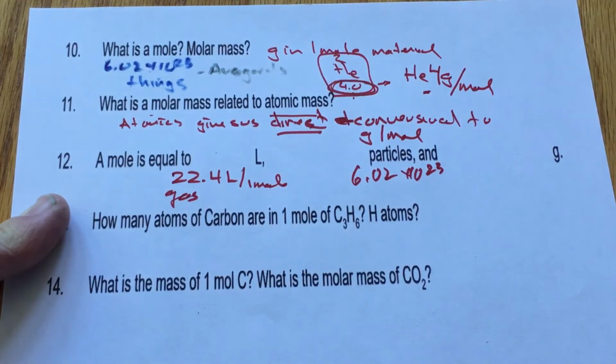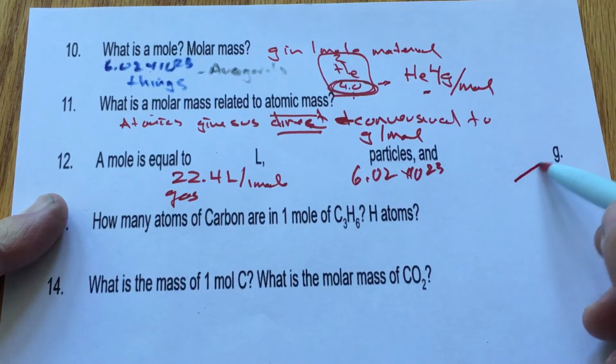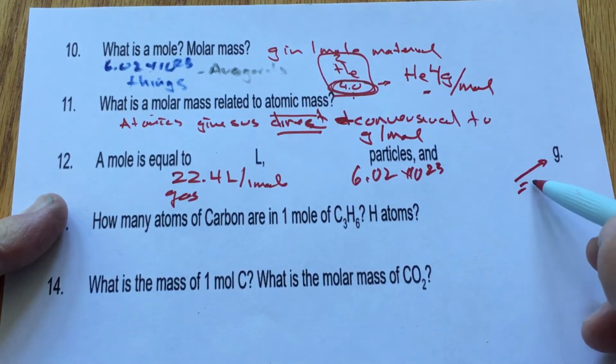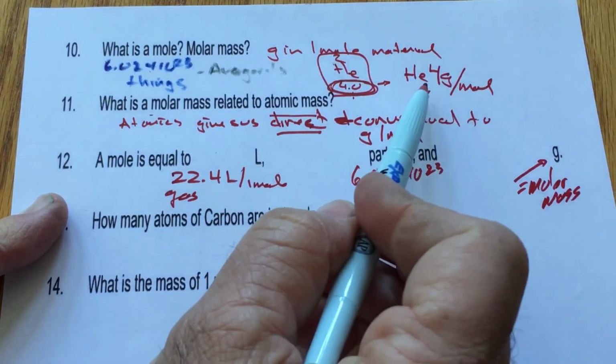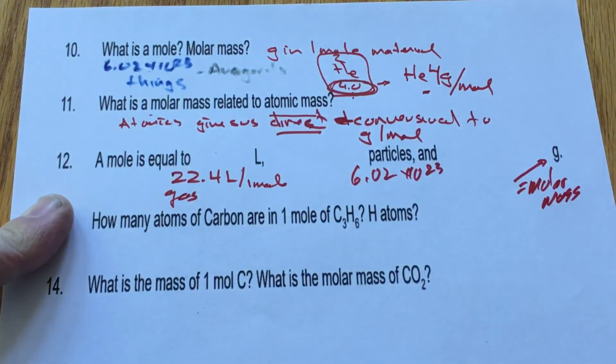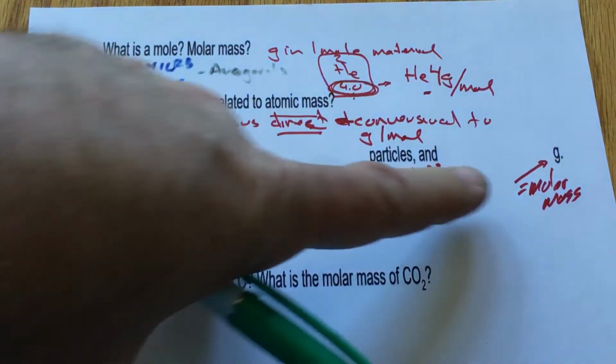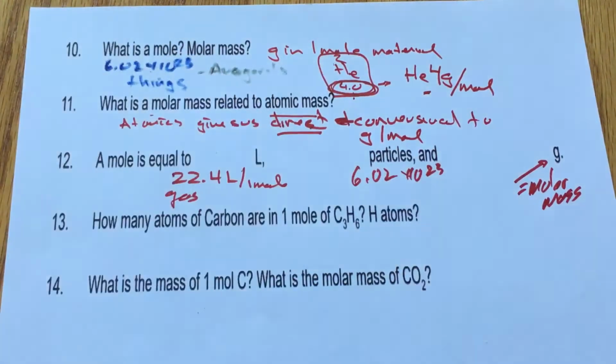And the last one, grams: the grams are equal to the molar mass. So if the molar mass of something is 4 grams per mole, then you know how many grams you have.